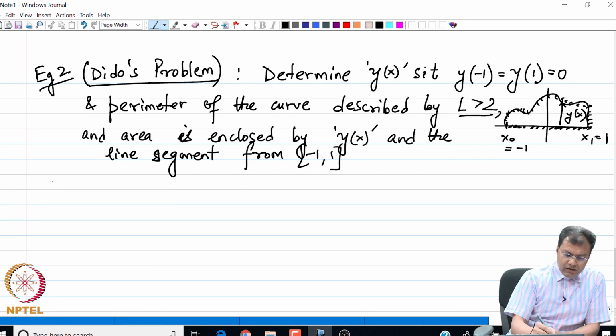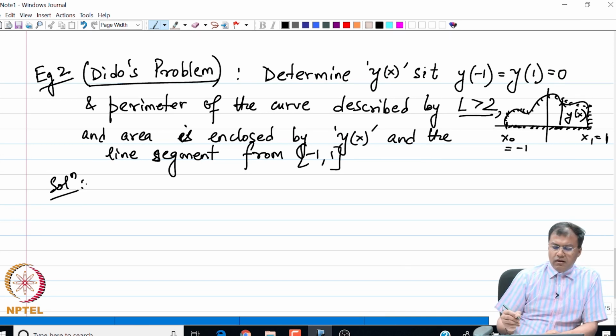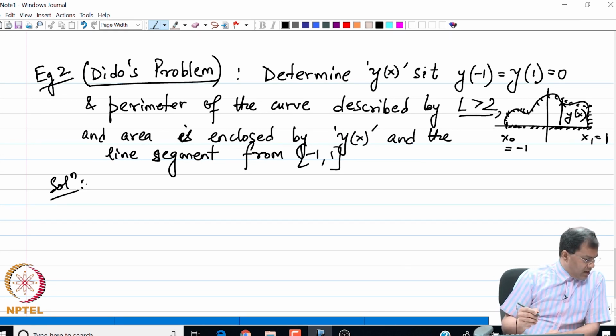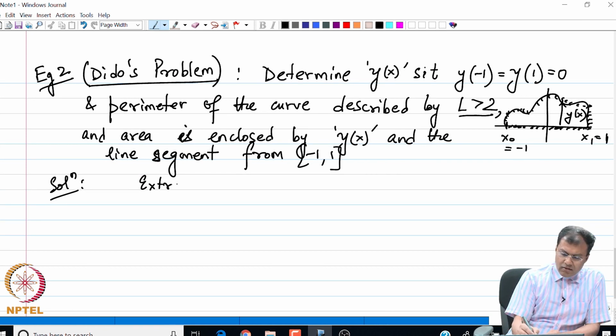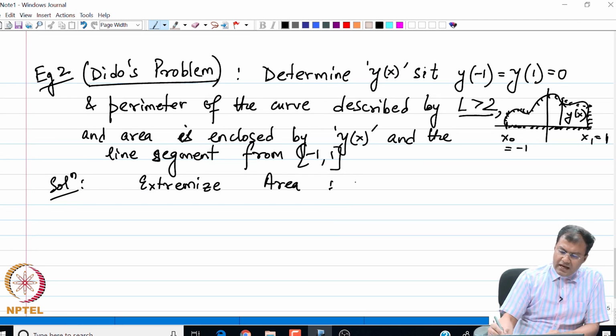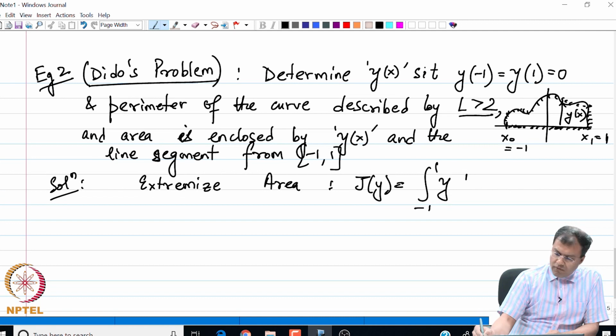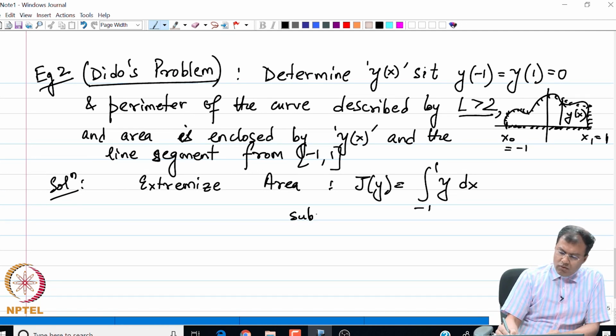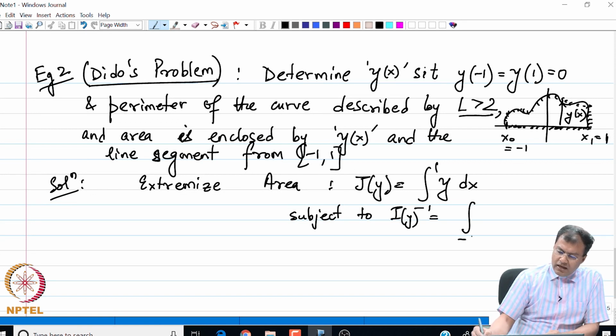Let us look at this problem to find the extremal. We have to extremize the area. The area is my functional J of y, the integral from minus 1 to 1 of y dx, subject to the length constraint, which is the integral from minus 1 to 1 of square root of 1 plus y prime square dx, which is the arc length.